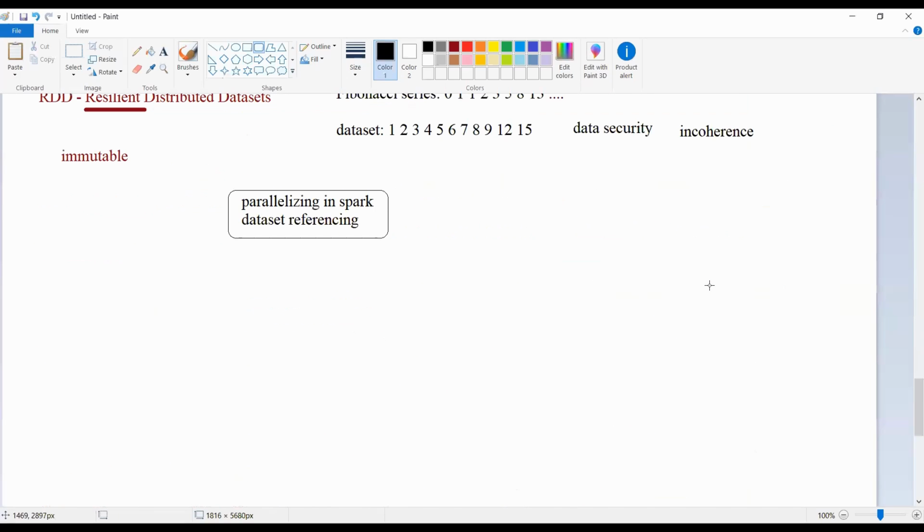It is not that it does not do it. It is still in the Hadoop file format, but just with an intelligent way of doing the thing. That intelligent way is what RDD is, and that is how RDD does the job.